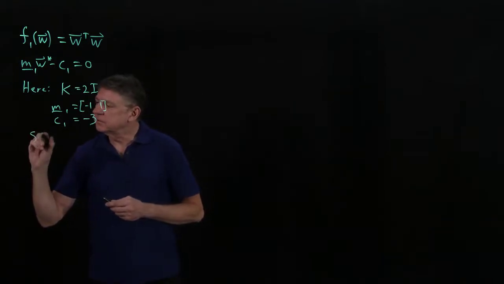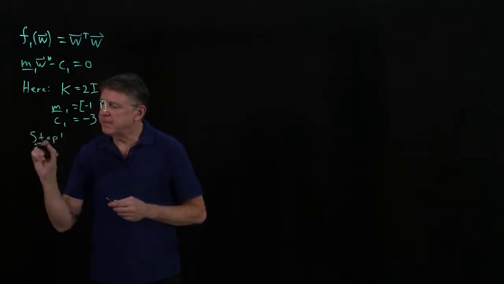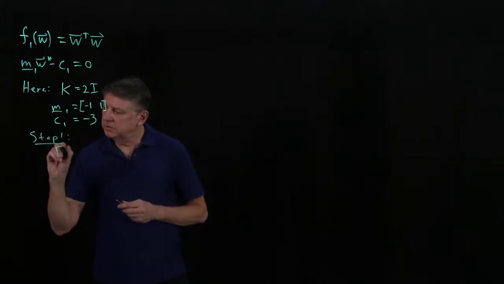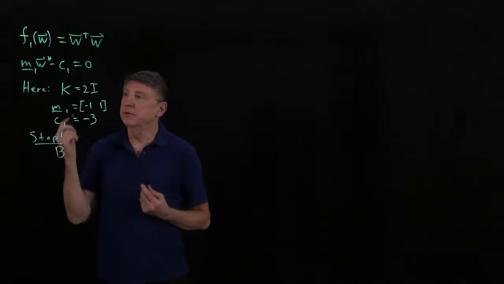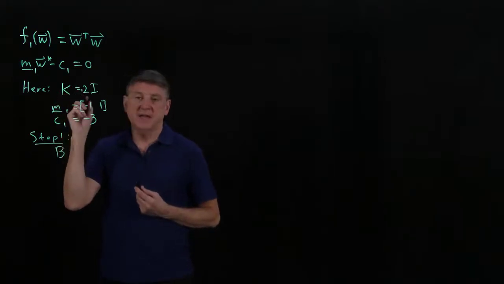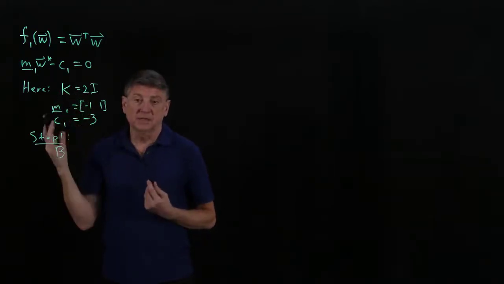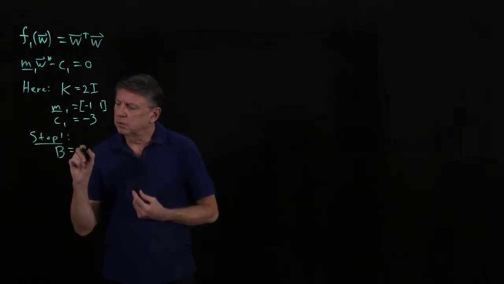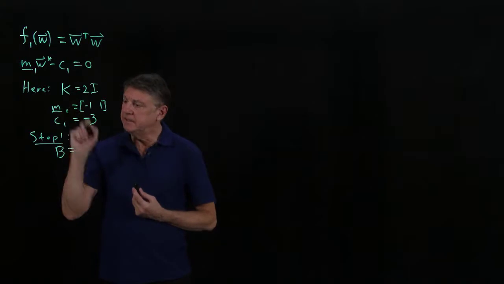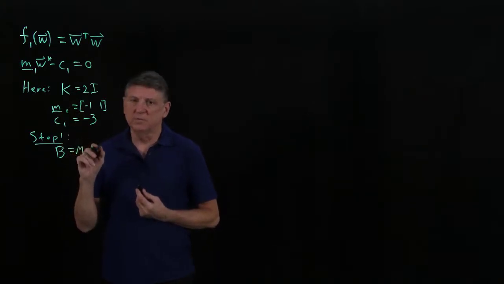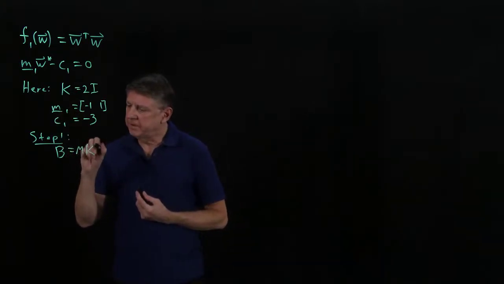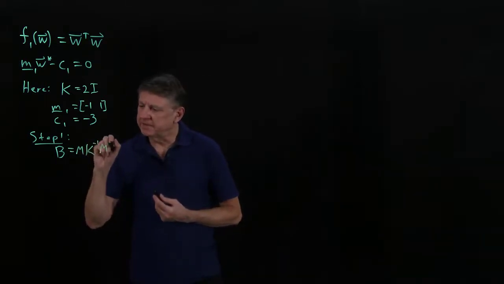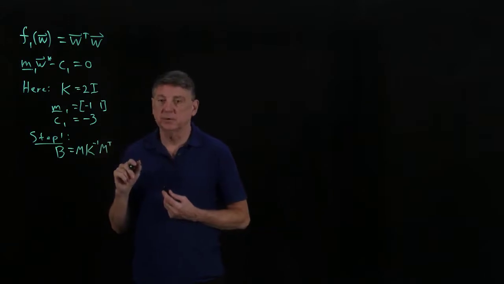To solve this, we'll go through our algorithm. So step 1, what we do is we compute the B matrix. Now, because this is just a scalar problem, this is going to be fairly simple, but B will equal the constraint 1 form, multiplied by the inverse of the symmetric positive definite matrix, and multiplied by the transpose of the constraint 1 form.